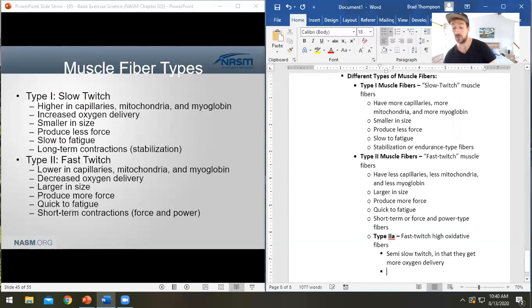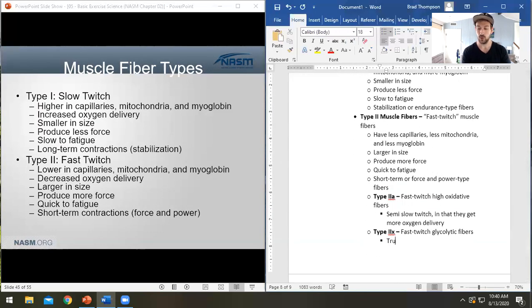And then you've got your type 2X, which are your true fast twitch fibers. These are your fast twitch glycolytic fibers. And they are true fast twitch fibers used for super explosive heavy type movements.